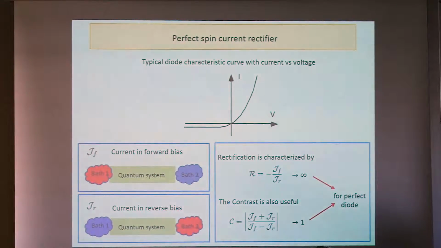And in the ideal regime of a perfect diode, the rectification goes to infinity because the reverse bias basically has zero current, while the contrast will go to 1 because again, if you put 0 for the reverse bias, you get J forward over J forward, you get 1. Okay, so these are the two quantities that we're going to use later to characterize the performance of the diode, so I hope it's very clear.